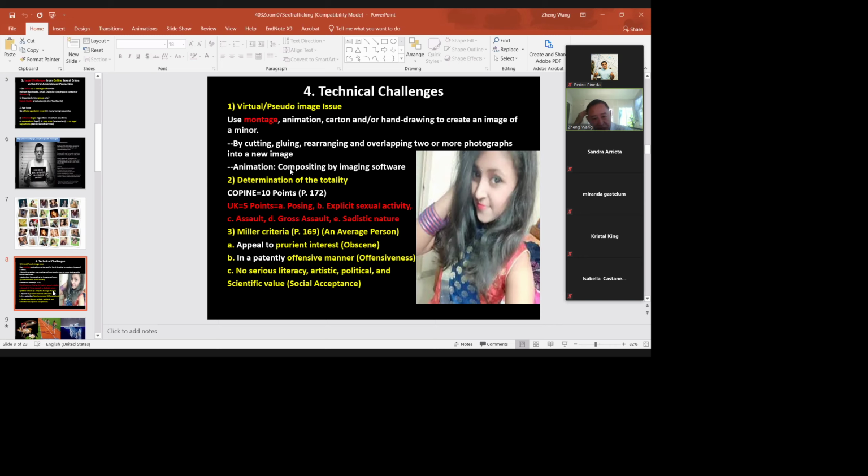That's not a real person doing that. It's a montage. So all this editing, stitching, overlaying is special techniques. That's why I say cutting, gluing, rearranging, overlapping two or more pictures into one new picture. What is animation?